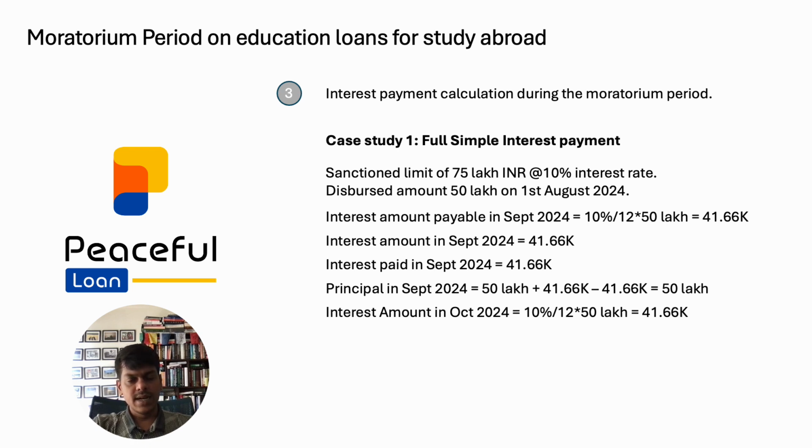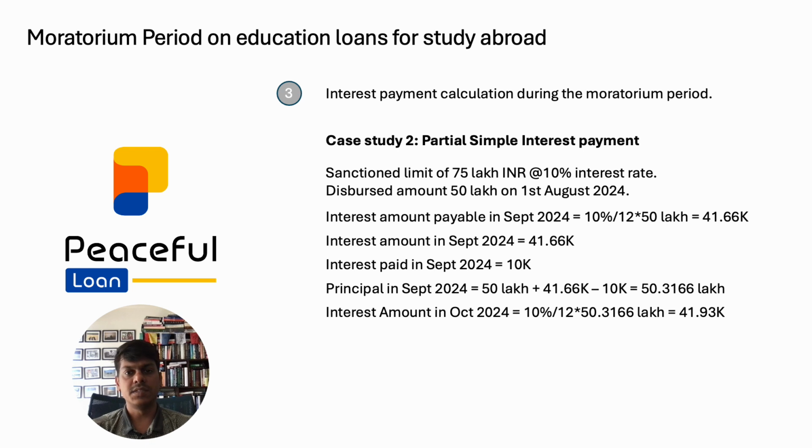If you are in full simple interest payment, that means in September you are expected to pay this 41.66 thousand, and your principal for the very next month will become 50 lakh rupees plus 41.66 minus the 41.66 interest which you have already paid, and hence the principal doesn't change and it remains 50 lakh. Of course, because the principal hasn't changed, the interest amount for October also remains at 41.66.